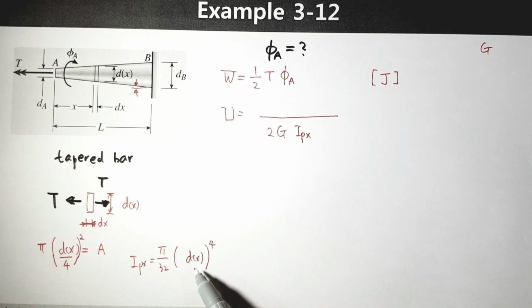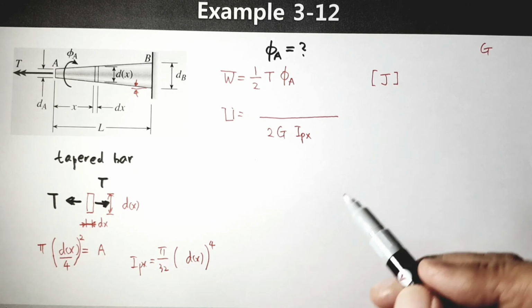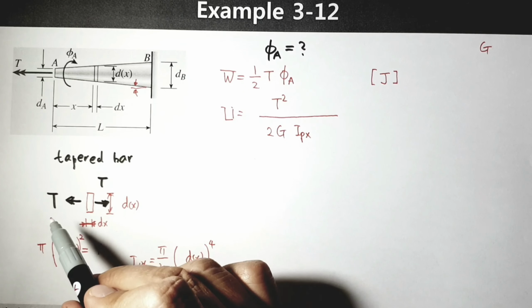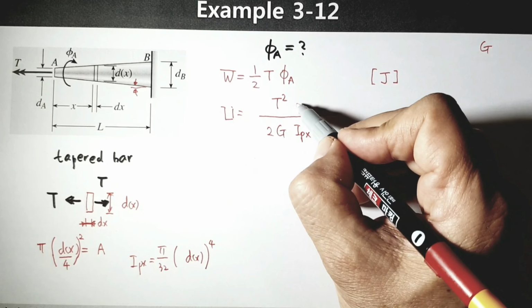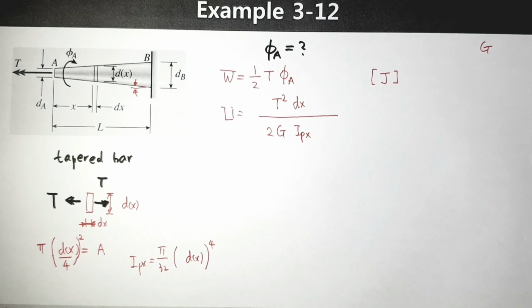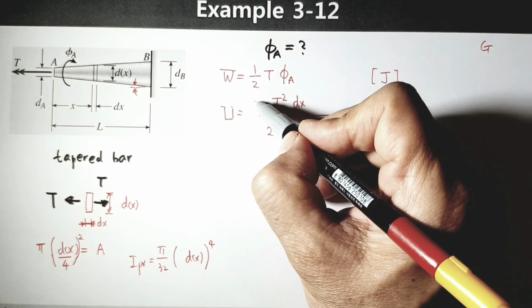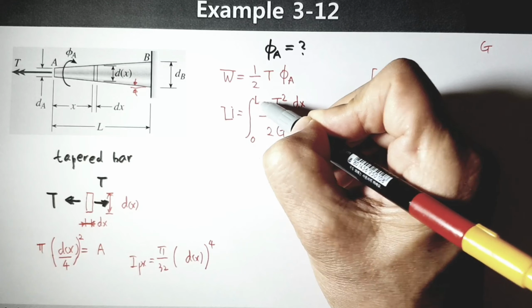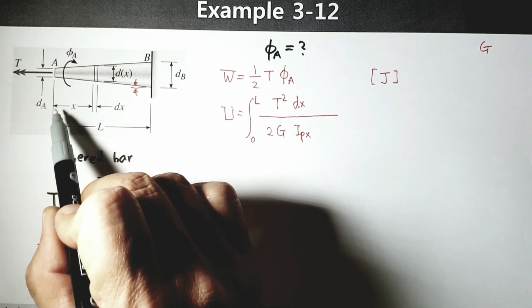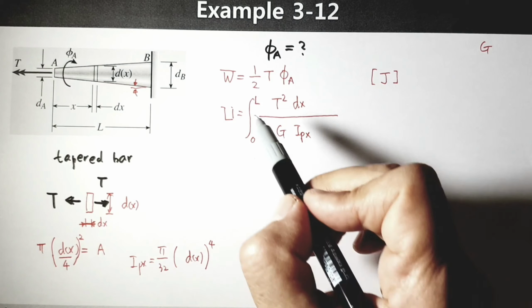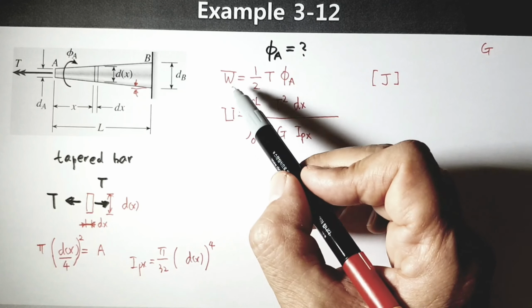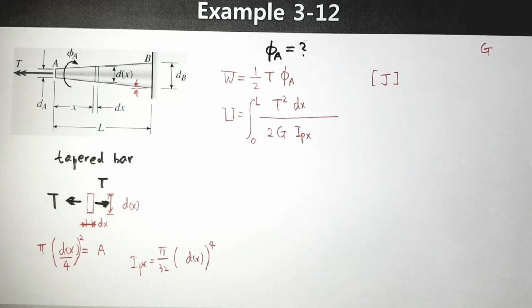Next, T squared is constant, it's not changing, and its length is dx. Then we can take the integral from 0 to L, x changing from 0 to L. Then eventually the strain energy can be calculated, and this strain energy is the same as the work by the external torque T.